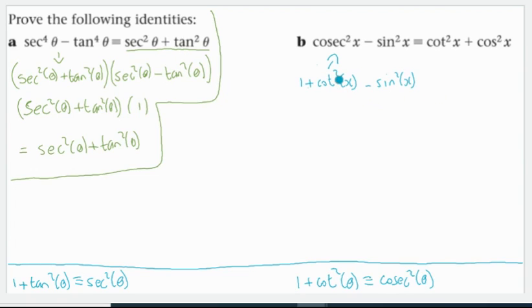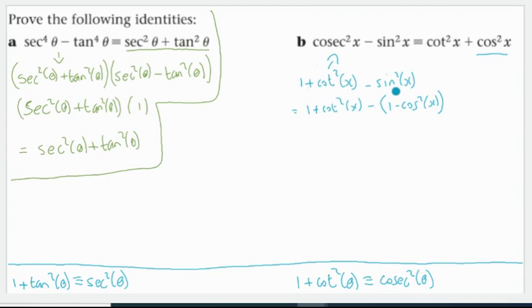Okay, so I've done one thing. I've got a cot squared x, but now my target also has a cos squared x, which I don't have yet. But I do have sine squared x. So I can replace the sine squared x with 1 minus cos squared x, because this brings in the cos squared x that we need.